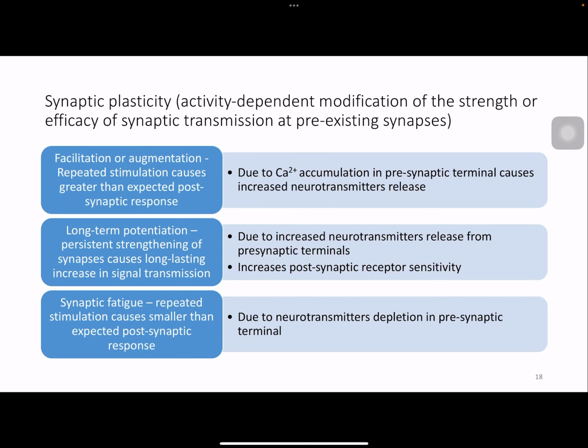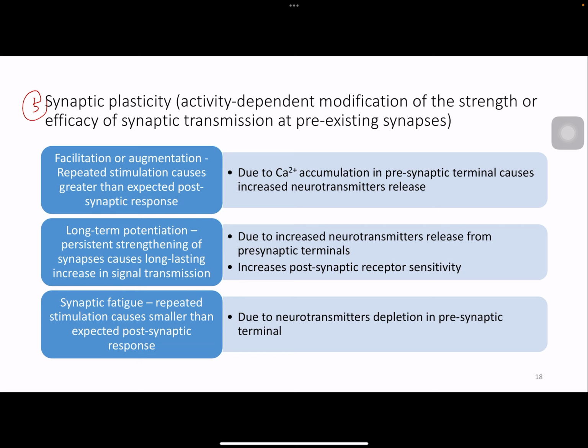Another factor that can affect the synaptic transmission is the activity occurring at the presynaptic neuron, which can produce a phenomenon known as synaptic plasticity. So imagine if you're training yourself to do something repetitively. In the end, what will happen is that you become good at doing it, similar to our synapse.